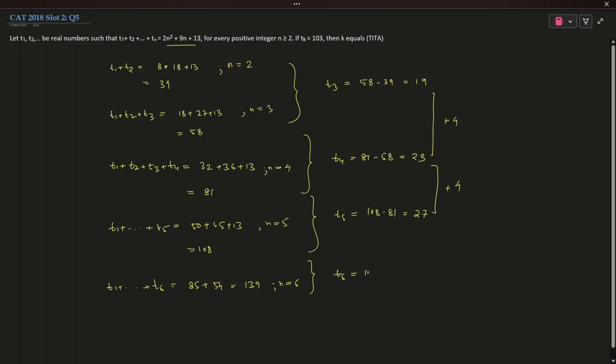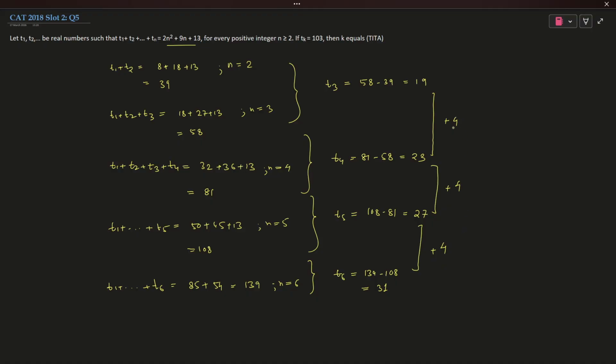T6 will be 139 minus 108, which is 31. Am I doing any calculation mistake? No, it is coming 31.